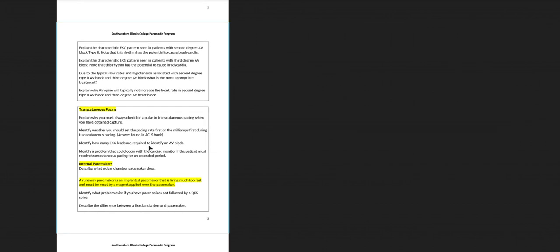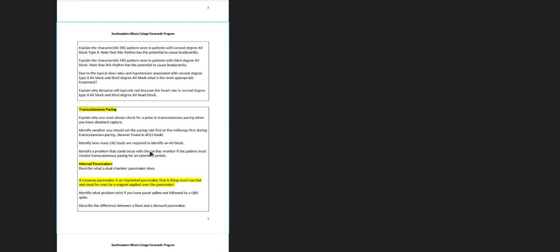However, you might need multiple leads to see it clearly, because some leads can have more prominent P waves than others. And I also don't know if they're asking how many leads on the monitor or how many leads on the patient. I'm assuming they mean leads on the monitor, so I'm going to say 1.